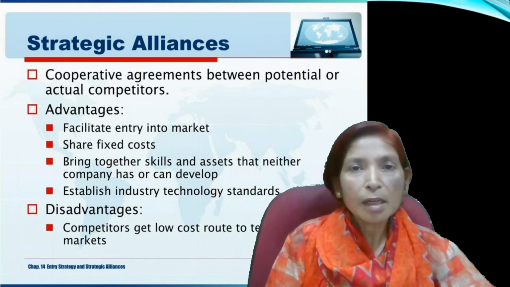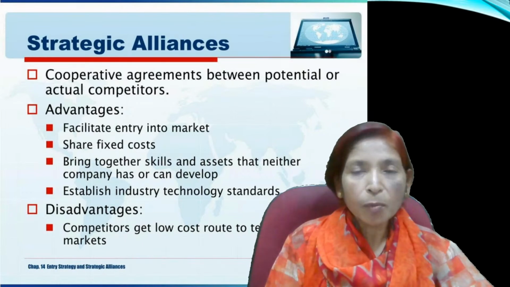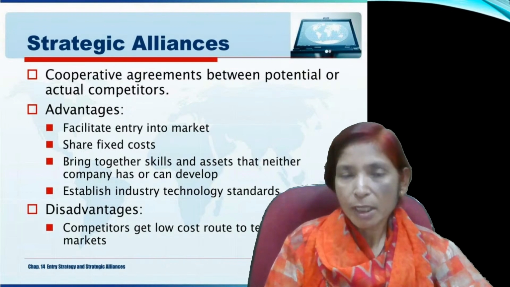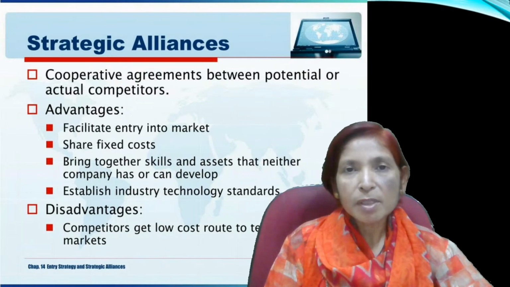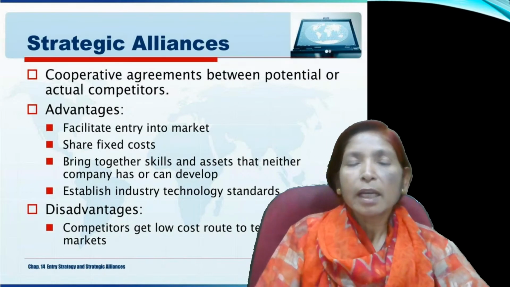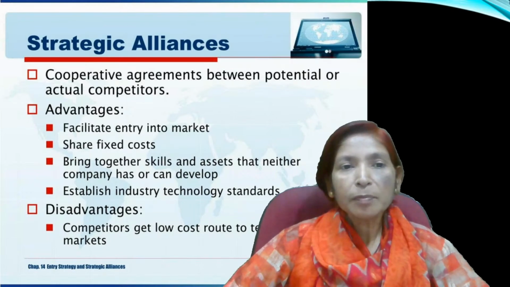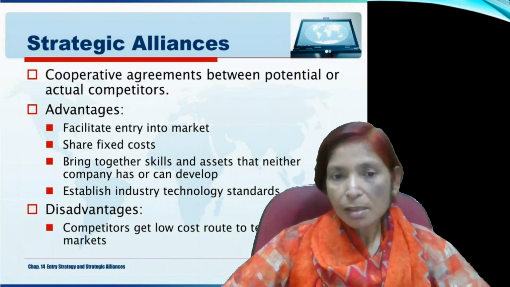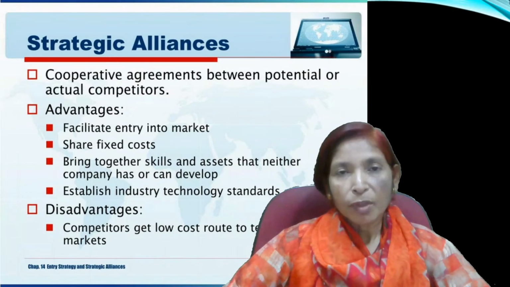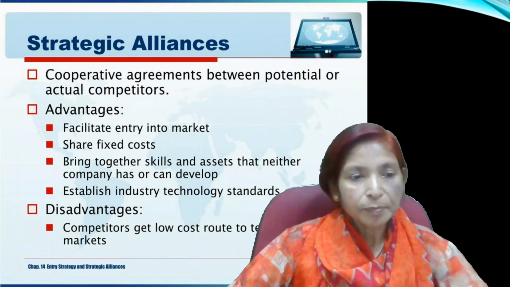A single company which has very limited money cannot operate all business activities efficiently with less capital. So if other firms also meet together and get involved, they bring together skills and assets, and then they can establish more products and their goodwill in the market.